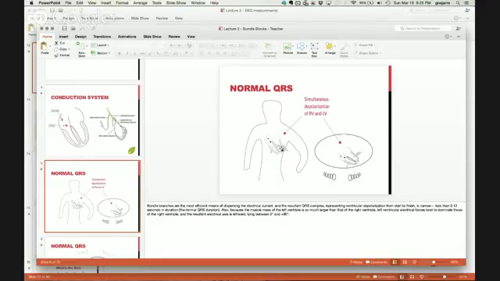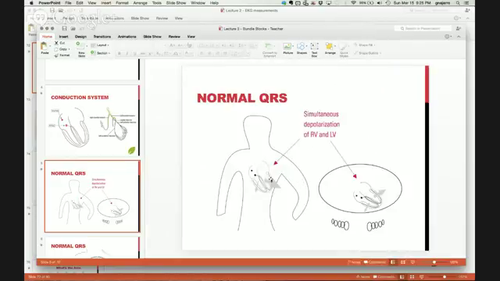So in normal physiology, the left ventricle makes up the majority of the vector, and that's what I had hoped to show in this diagram, this larger arrow here compared to the smaller one from the right. If, for some reason, the right side is working harder, then the vectors are going to be shifted this way, down to the right, and vice versa. If the left side is working harder, then it'll be shifted over this way. Does that help?